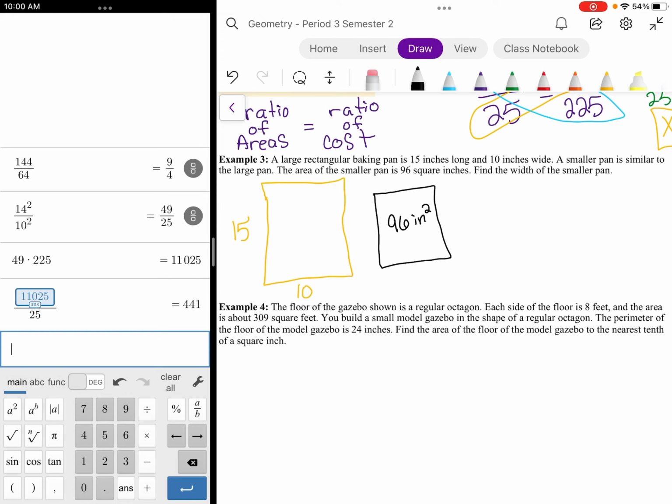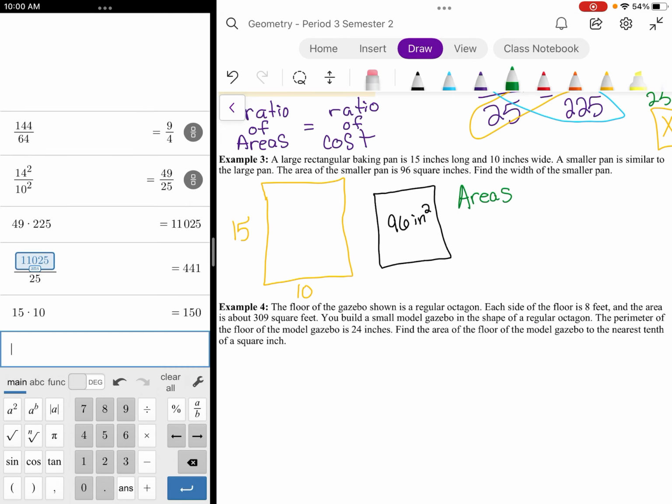So to do this, we're first going to set up a ratio with the areas. And we're going to do that because even though we aren't given the area of the bigger pan, we can find it by multiplying those two together. So we know the area of this is going to be 150 inches squared.